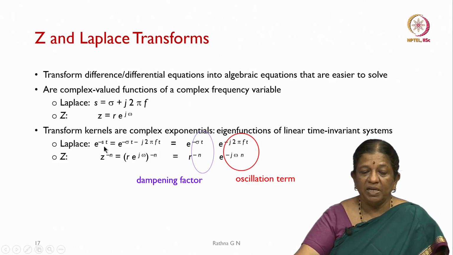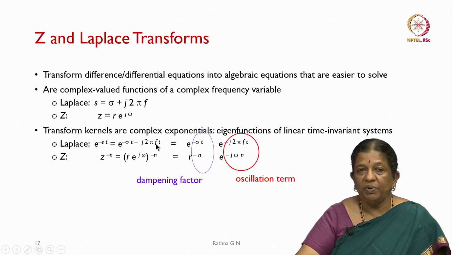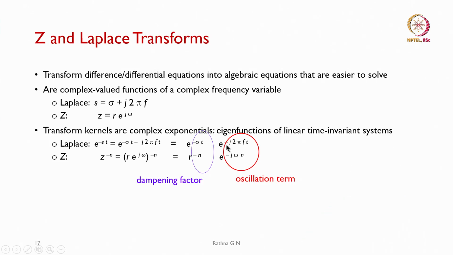So, we have the Laplace kernel e to the power minus st equal to e to the power minus sigma t minus j 2 pi f t, which is nothing but e to the power minus sigma t times e to the power minus j 2 pi f t, two exponential functions that we are representing. So, in the z domain we have z to the power minus n equal to r times e to the power j omega, to the power of minus n, that is, we are replacing z with r times e to the power j omega, which is nothing but r to the power minus n and then e to the power minus j omega n.